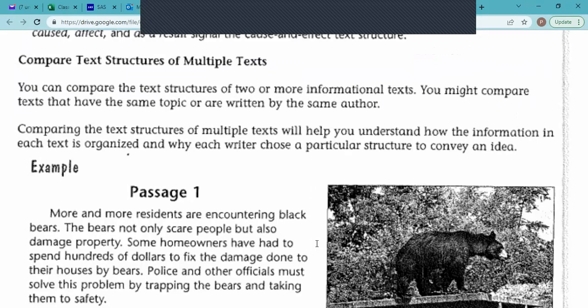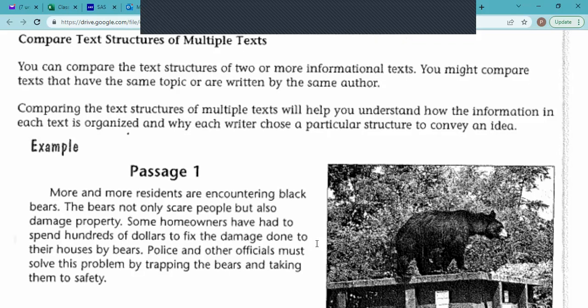Comparing text structures of multiple texts will help you understand how the information of each text is organized and why each writer chose a particular structure to convey an idea. So we're going to look at two different passages here.